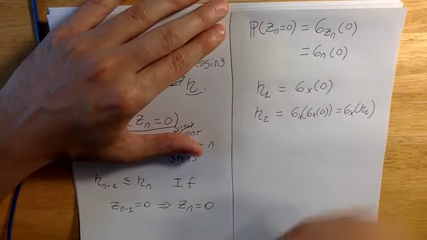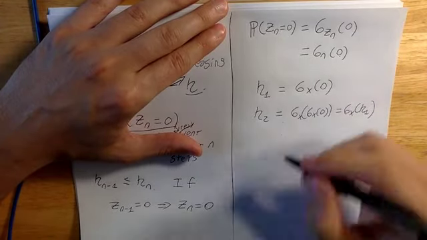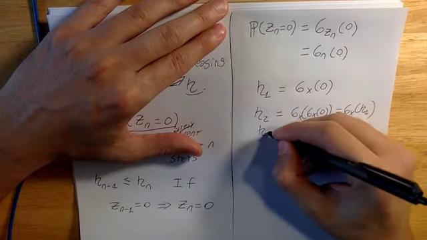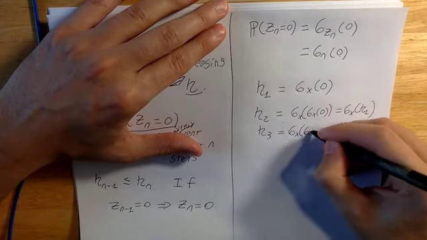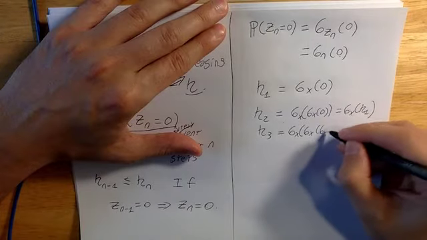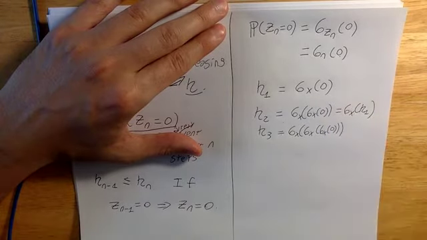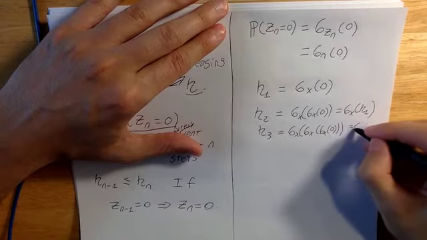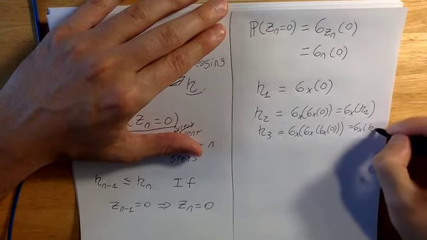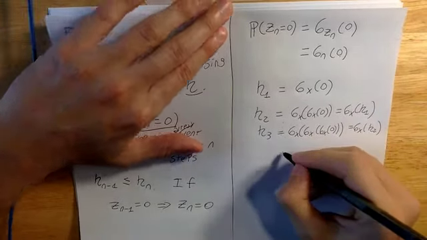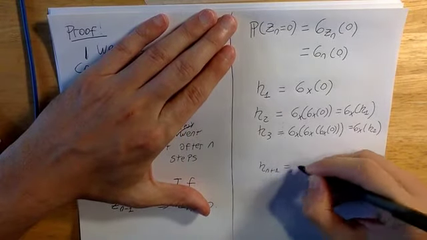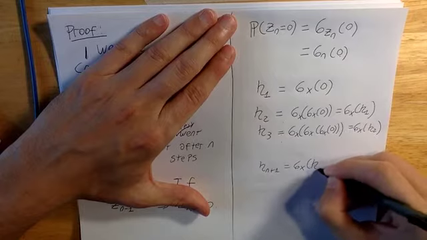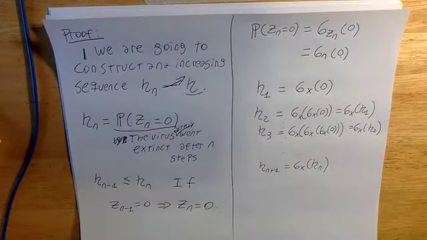If we follow this sequence, eta_3 is just g_X of g_X of g_X of 0, which is just g_X of eta_2. So on, we get that eta_(n+1) is just g_X of eta_n. And this is an increasing sequence.